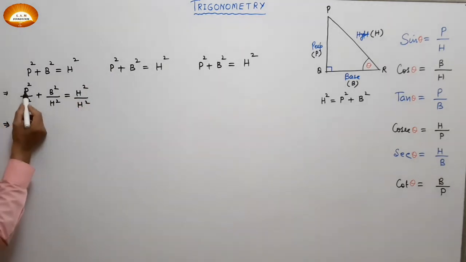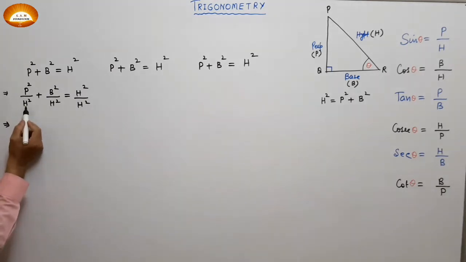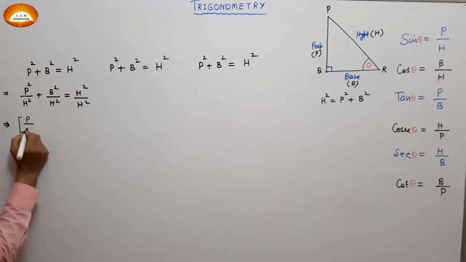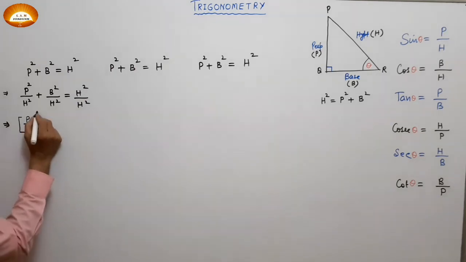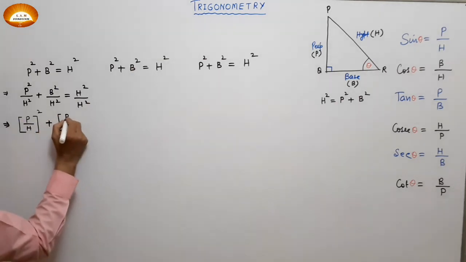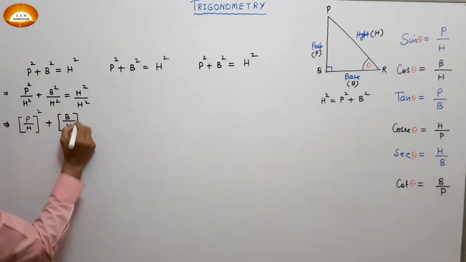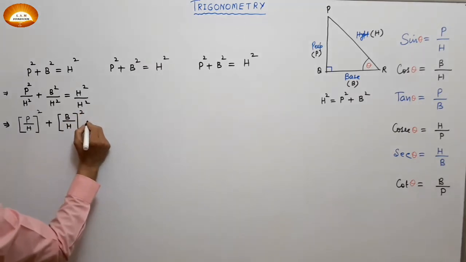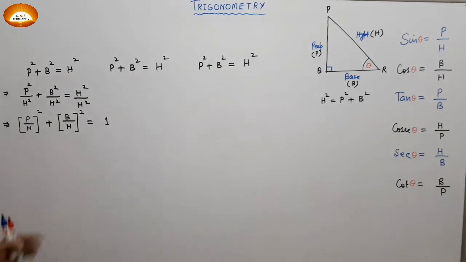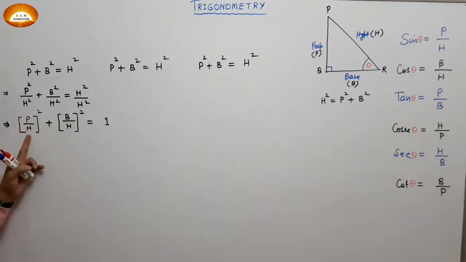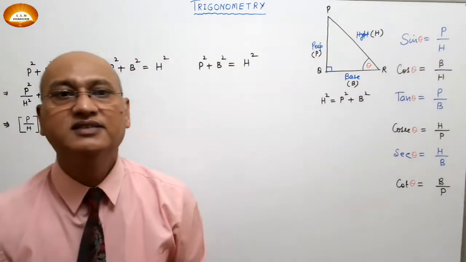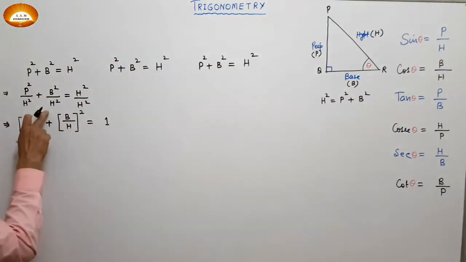Perpendicular square and hypotenuse square both have a square, so we can put them in one bracket: (perpendicular upon hypotenuse) whole square, and a common square for base upon hypotenuse. Hypotenuse square upon hypotenuse square will be equal to 1. Perpendicular upon hypotenuse is sine theta, and here it is squared also.